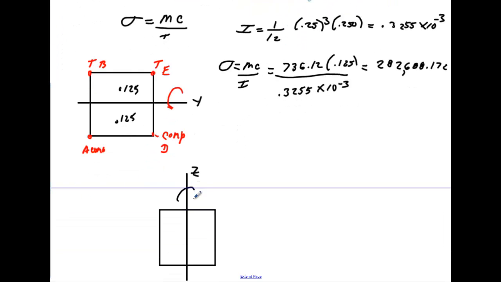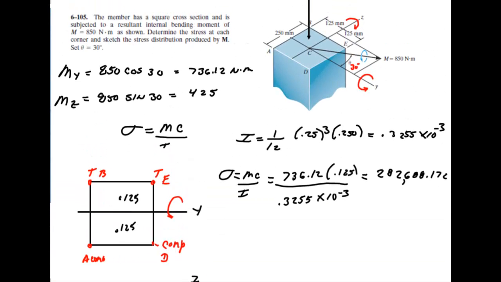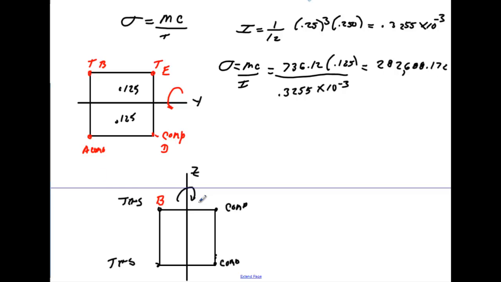That means we're going to get compression here and compression here, and we'll get tension here and tension here. We'll label these again: that's going to be point B, in the picture we got E here, we have A here, and we have D here.